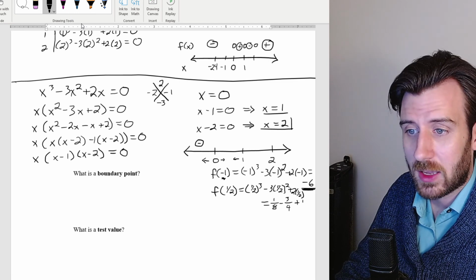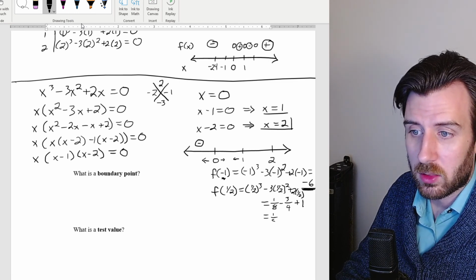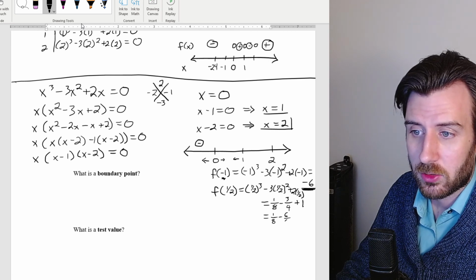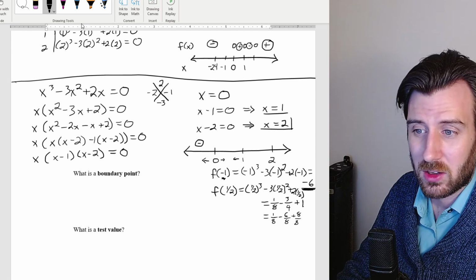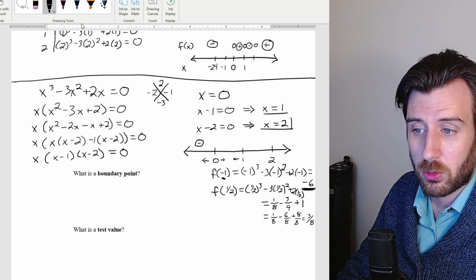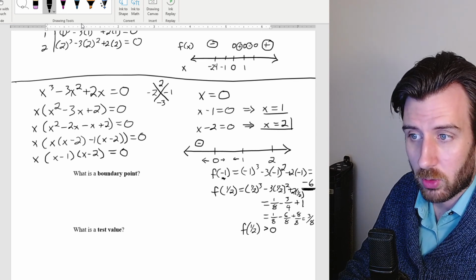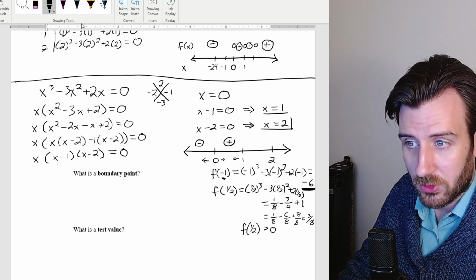I can make these all into common denominators and say this would be 1/8 minus 6/8 plus 8/8. And I think that's going to get us a total of 3/8. So because 3/8 is greater than 0, that must mean that everything in between 0 and 1 is greater than 0. In other words, everything in here is positive.